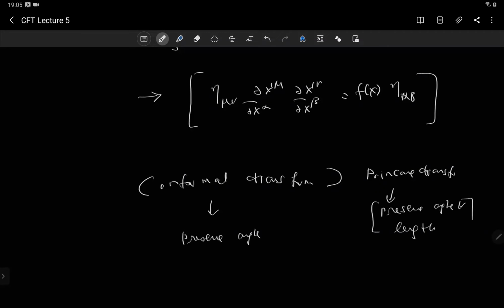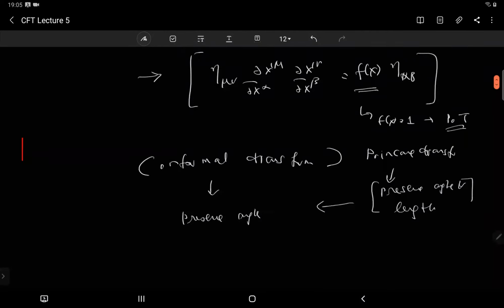Also, you can see from here that if I take f of x equal to 1, then you get Poincare transformations. So you can understand that these are a subset of these transformations.